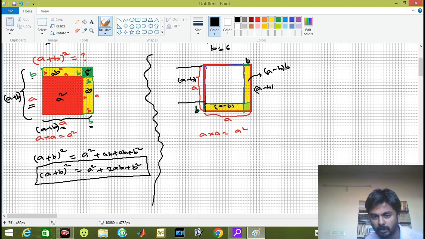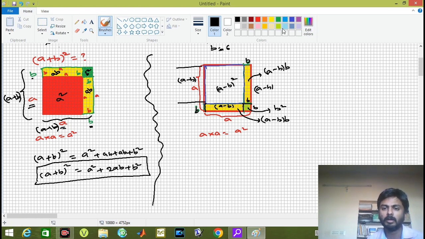Here both length and breadth are equal, that is b into b, so this forms a square, b square. And here you have (a minus b) into (a minus b), which forms the square (a minus b) the whole square.